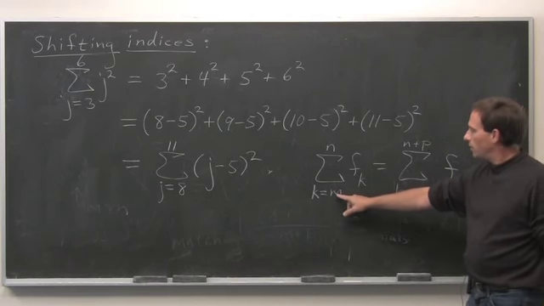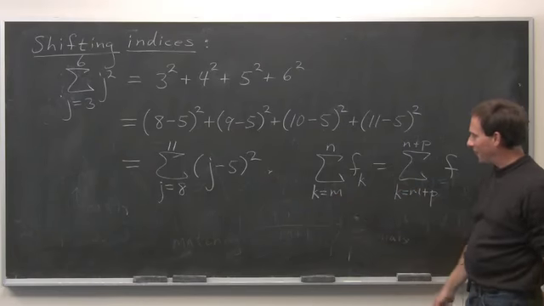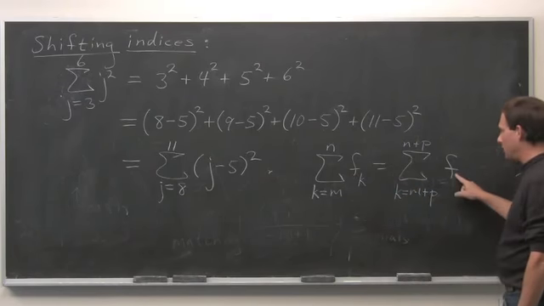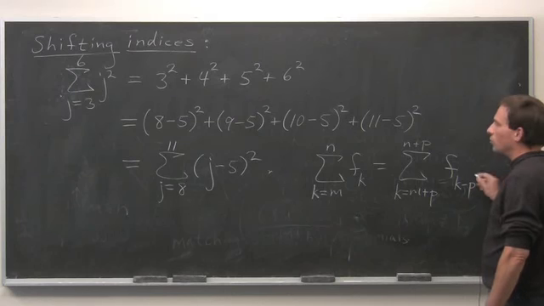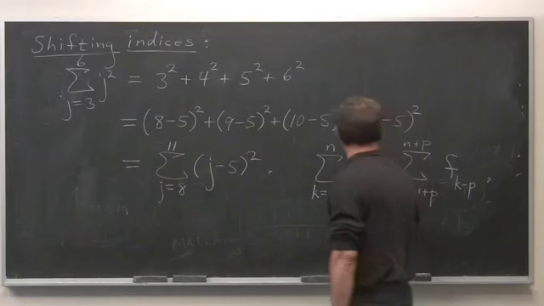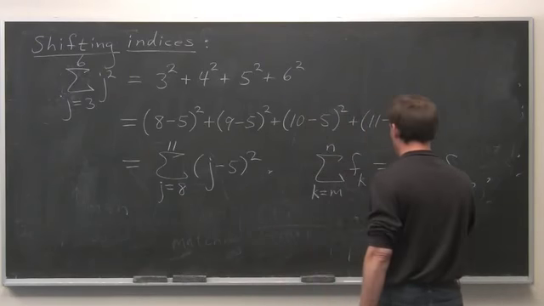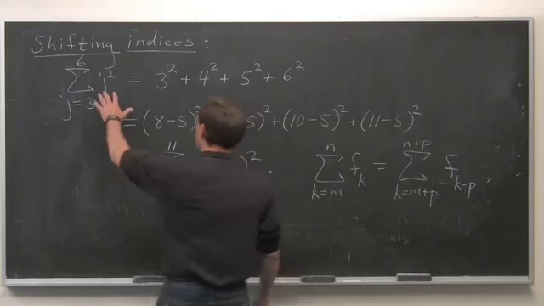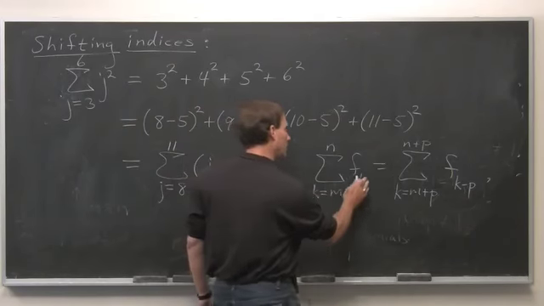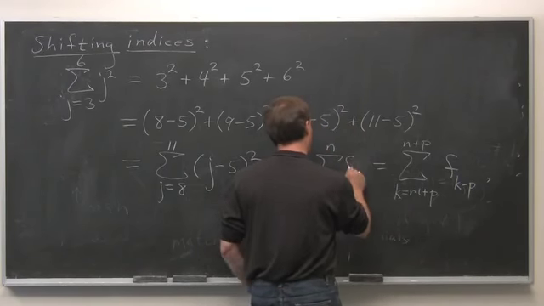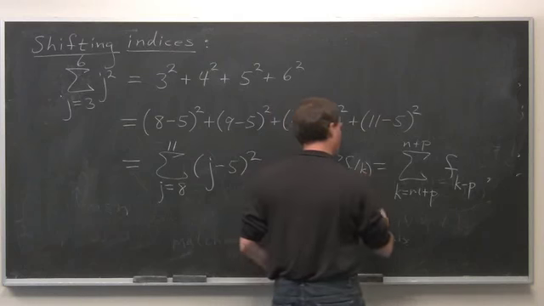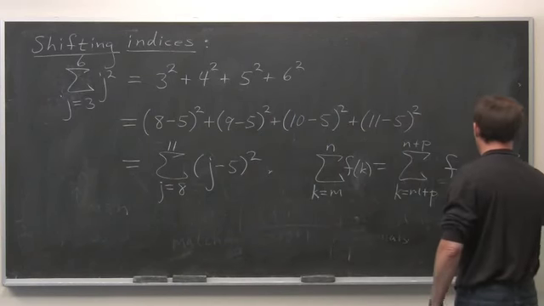The initial value is f sub m, so we have to subtract p, k minus p. This is what we're seeing in this example. In more normal functional notation, it might look better since I replaced j by j minus 5. So let me write this. This is f of k, and this is f of k minus p.